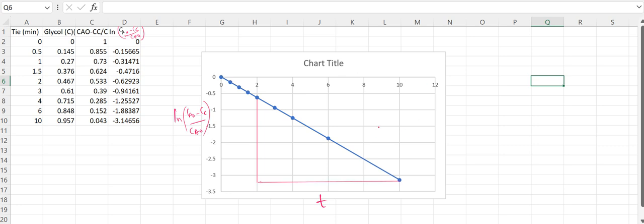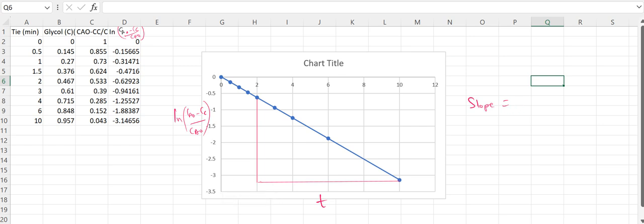So our slope is equal to, if you look at this one, this point is minus 0.62923 minus, and this side is around minus 0.2.